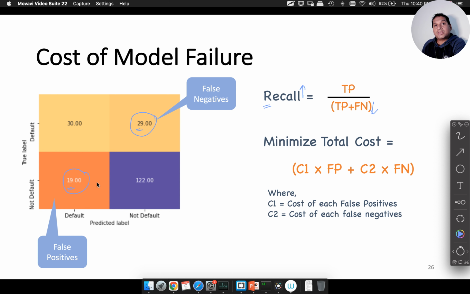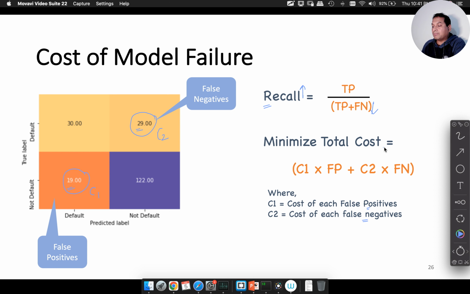The best way to solve this problem is to minimize the total cost of the model. So you can associate a cost with the false positives and false negatives. For example, C1 is the cost of false positives and C2 is the cost of false negatives.